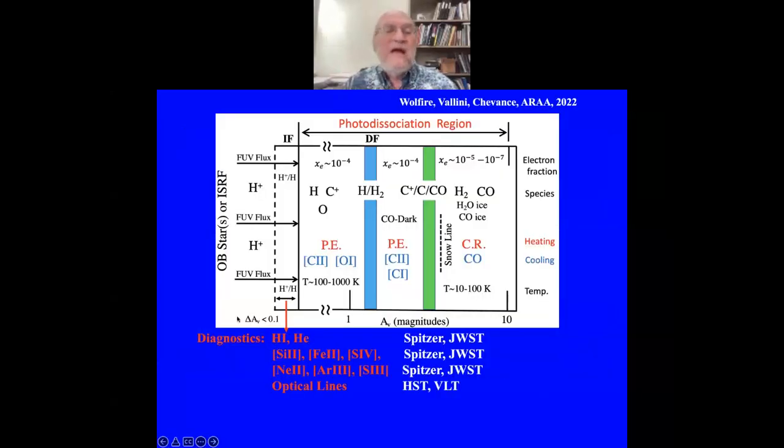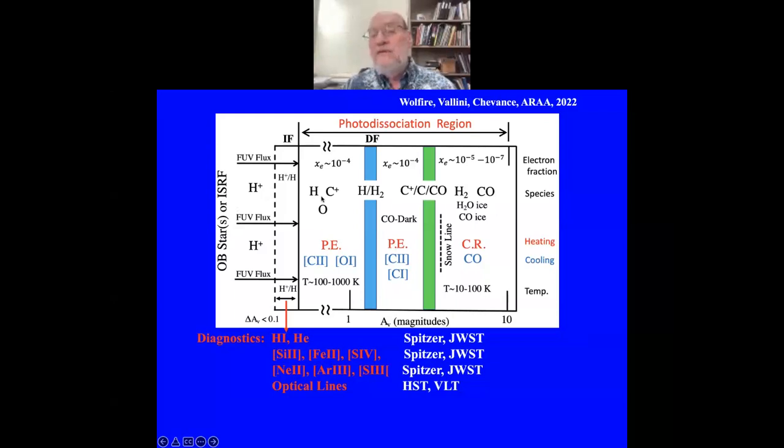So here's a schematic of a PDR as a function of AV into the cloud. You've already seen this a few times, but I'm going to go over a few more details here. So on the outer edge, you have a source of ultraviolet radiation or ionizing radiation.